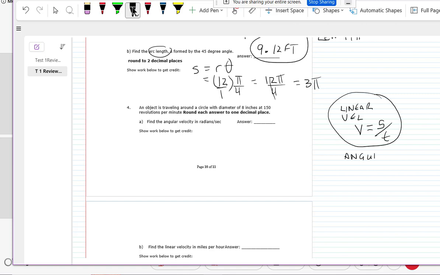The angular velocity is going to be theta over t, because angular velocity is telling you how many rotations a circle is going through in a unit of time. A linear velocity is saying how far does that arc go in a unit of time? So it's really an arc length over a time.